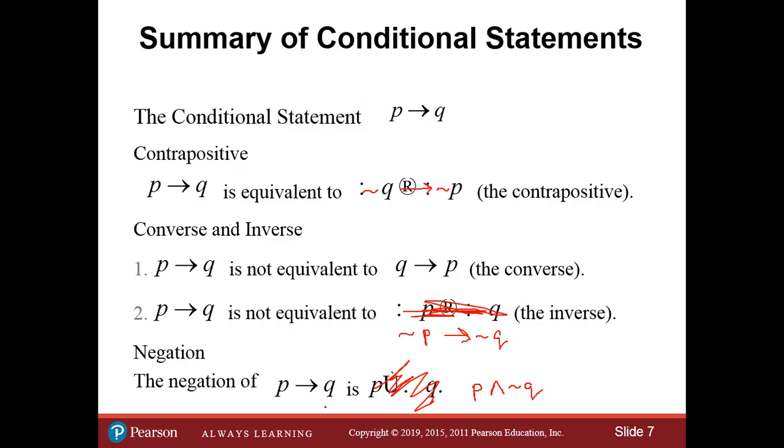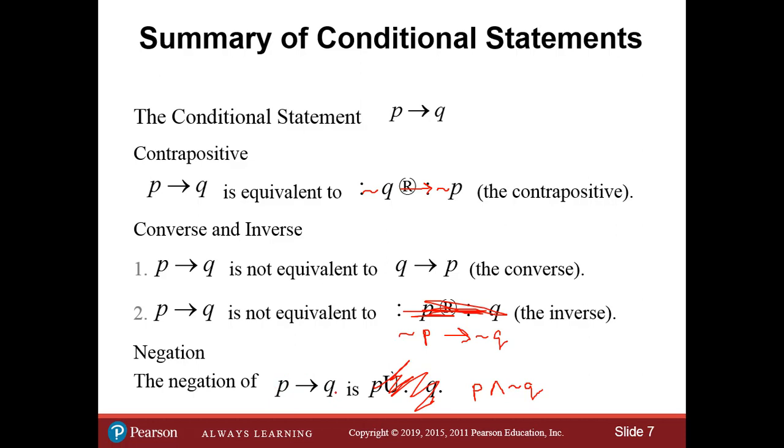True and false. So the negation of this gives us the opposite truth values. If this is false, this becomes true. When this is true, this becomes false. And again, we could use the truth tables to show this.